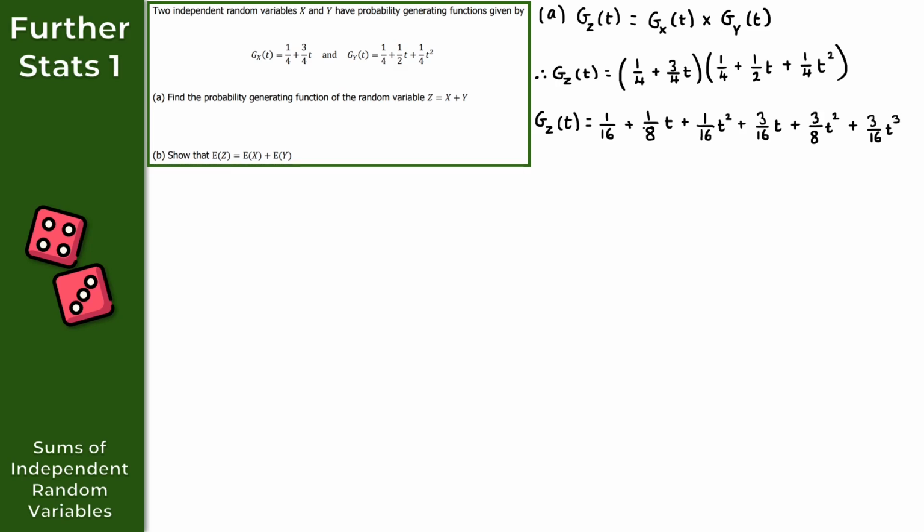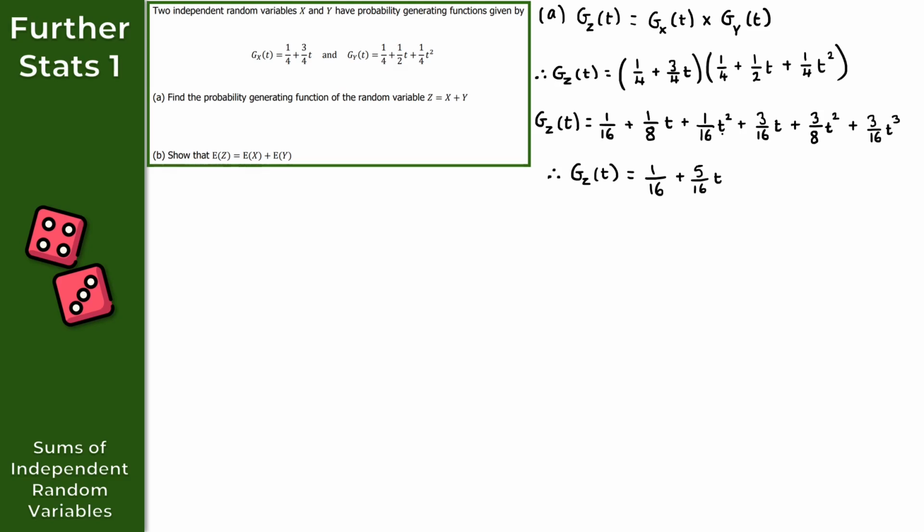Then all we need to do is simplify, so just collect like terms. For the probability generating function of Z, G_Z(t), if you simplify this correctly, we get 1/16. Then the t terms: 1/8 t plus 3/16 t gives 5/16 t.